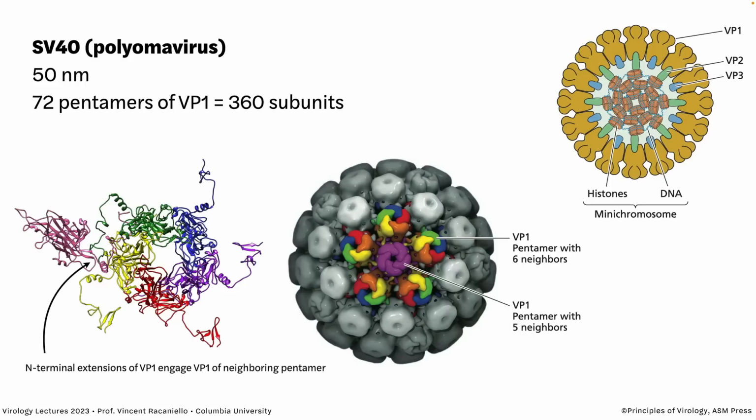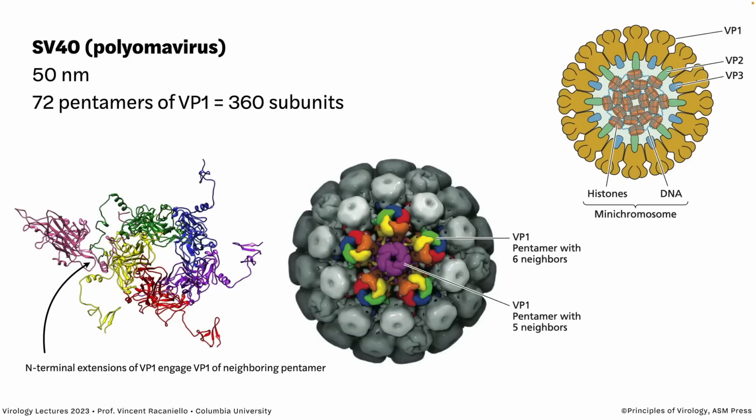So here we have a VP1 pentamer with 5 neighbors, 1, 2, 3, 4, 5. And here we have a VP1 pentamer with 6 neighbors, 1, 2, 3, 4, 5, 6. So again, as you make anything bigger than T equals 1, you have to have pentamers and hexamers in that.